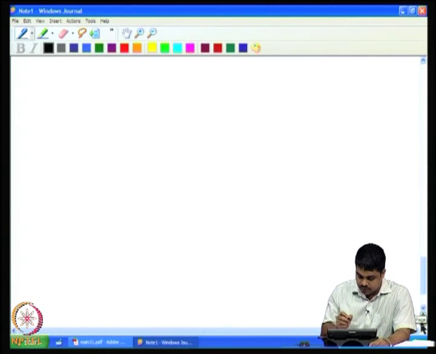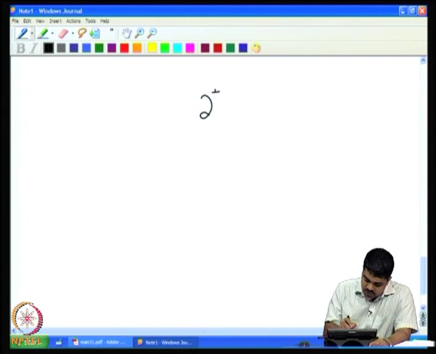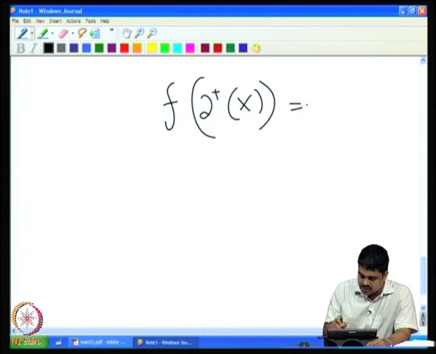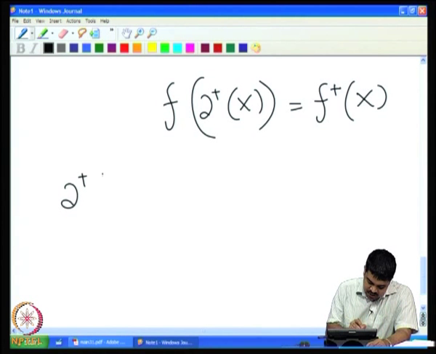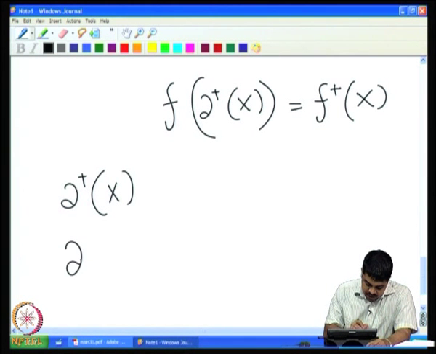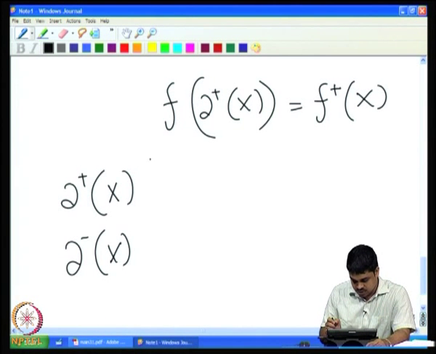In fact, the notation is dou plus of x, but the flow on dou plus of x, as a short notation, we will use f plus of x. Usually dou plus means the set of outgoing edges of x, dou minus of x means the set of incoming edges of x.